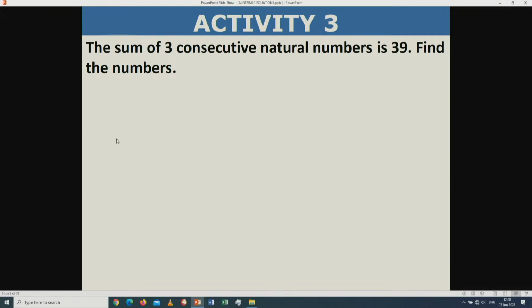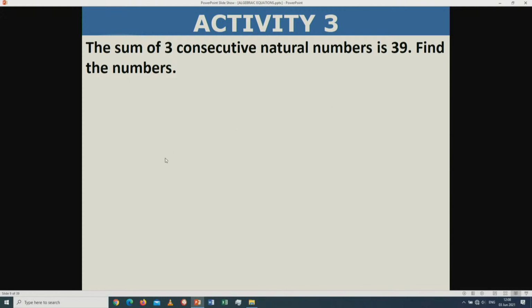So in other words, we will have to select the first number, and then from the first number we will be able to get the second number, and then the third number. Remember the sum: we have to add those three numbers in order to get 39.